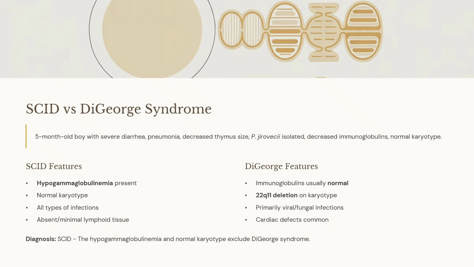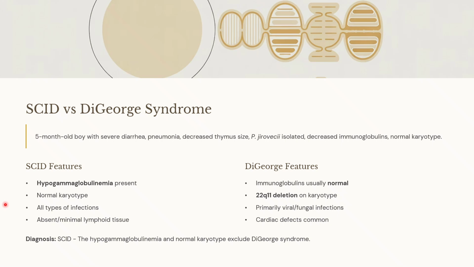What is the difference between severe combined immunodeficiency and DiGeorge syndrome? In severe combined immunodeficiency, hypogammaglobulinemia is very typical because interleukin signaling is important for B cells. The T cells are also important for B cells, and the ADA deficiency inhibits DNA synthesis.